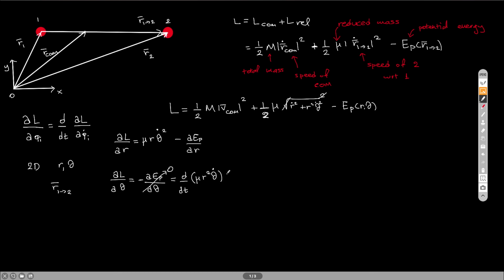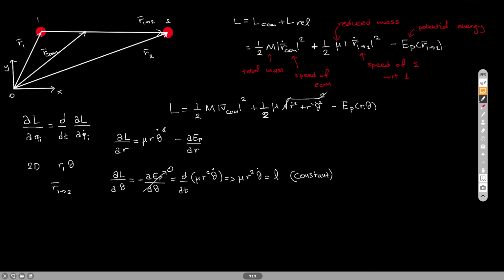If that side is 0, then the reduced mass times r squared theta dot should be a constant, a constant of the motion. And let's use the lowercase l to indicate that constant, whatever that is.